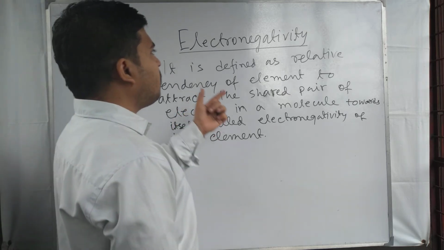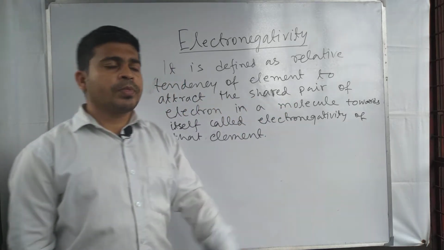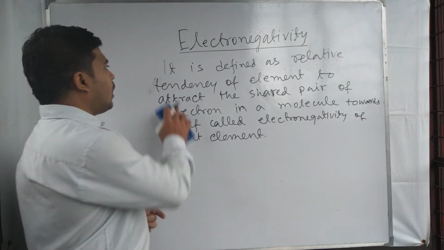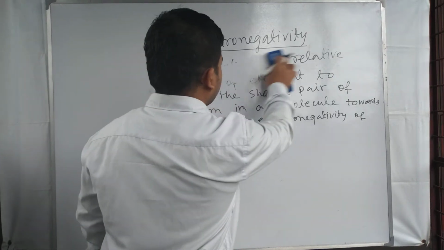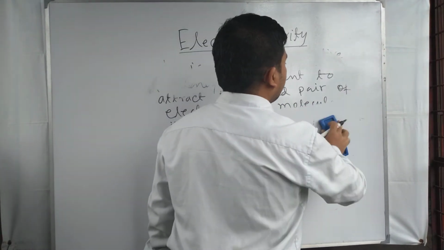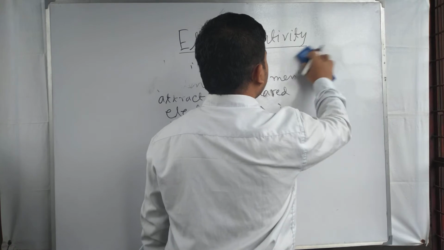After defining electronegativity, the next point is the process by which we can measure the electronegativity of an element.